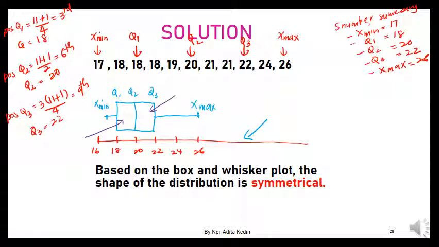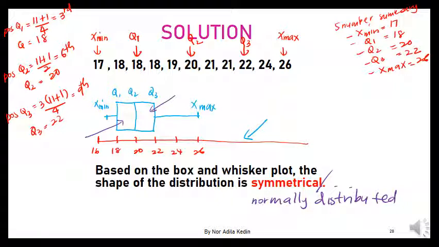So, since the box is equal, so based on the box and whisker plot, the shape of the distribution is symmetrical. Ataupun the distribution is normally distributed. Alright, so untuk box and whisker plot, it is very important to have a proper scale. Don't forget to label your box and whisker plot.